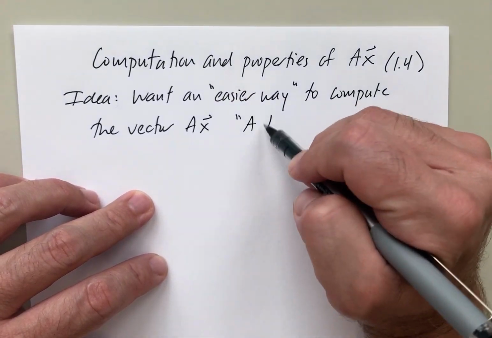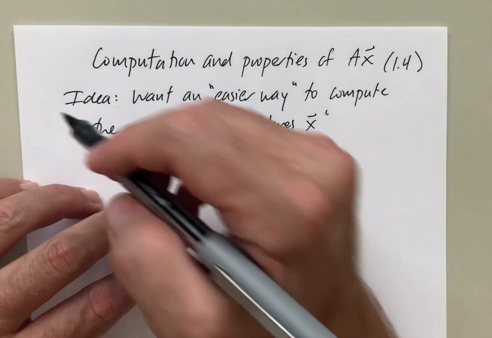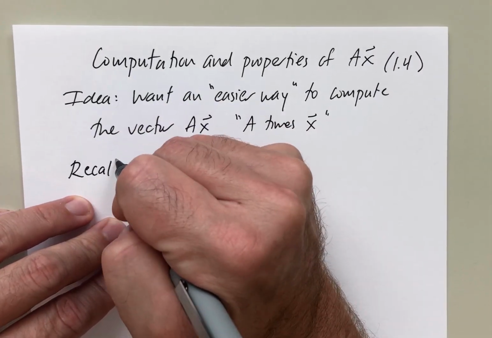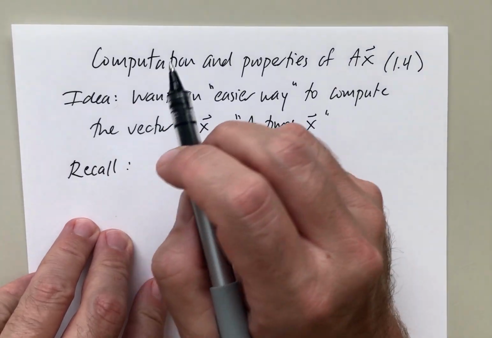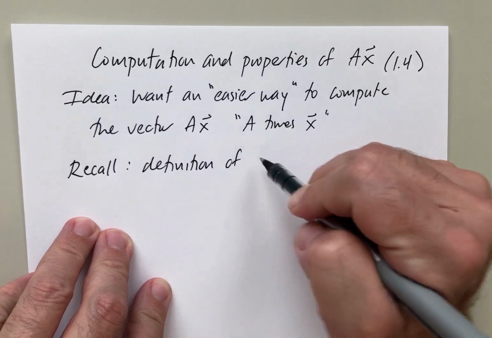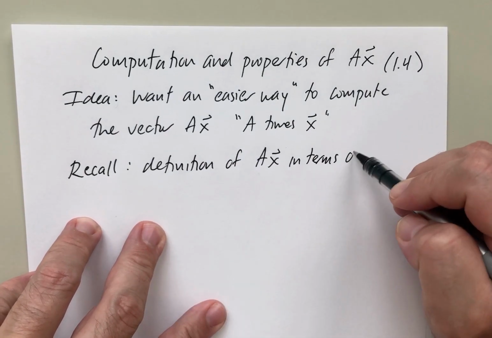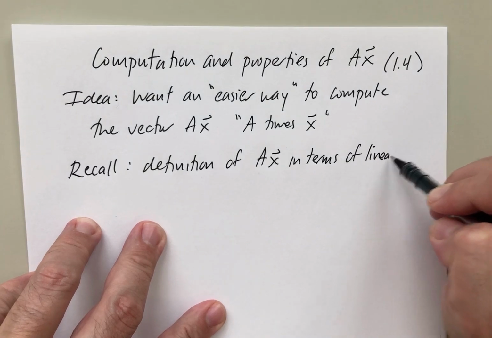So A times x is matrix times vector, right? Now let me do this basically by an example, but let's recall the definition of Ax in terms of linear combinations. That's how we define this thing.